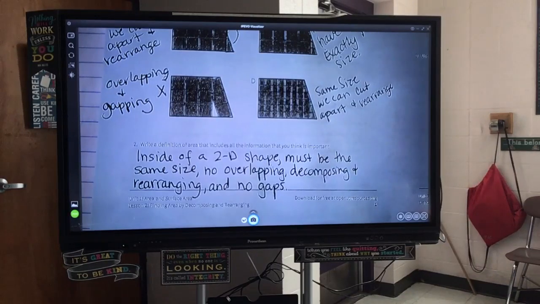All right, so what else now can we add to area? So we talked about the inside of a 2D shape, but what else have we learned? I need new friends. So all you have to do is reread what we just wrote. Give me one thing that we learned. Anna. They have to be the same size.